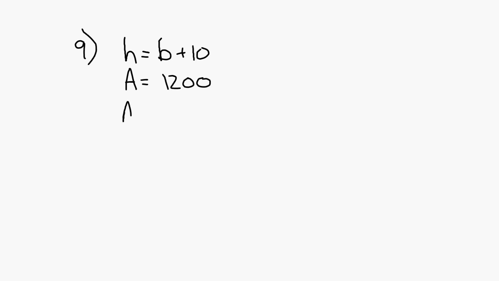So if you substitute into this formula, you're going to get 1200 equals the base times the height, which is b plus 10.